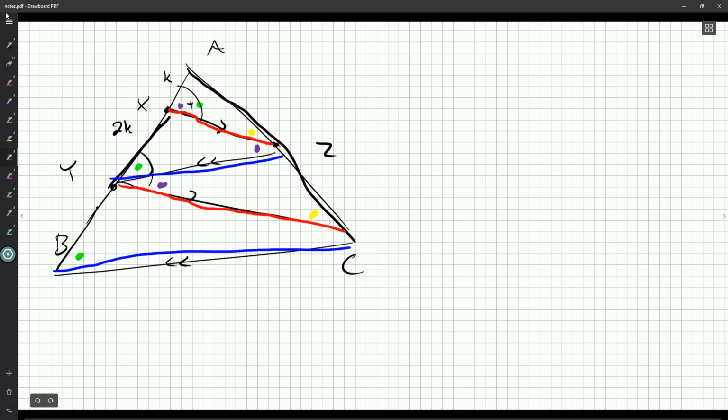And the blue parallel lines hit AC at the same angle. That's clearly purple, yellow. So we've already got a yellow down here, so we'll have a purple here. So we definitely have some nice angles going on here.